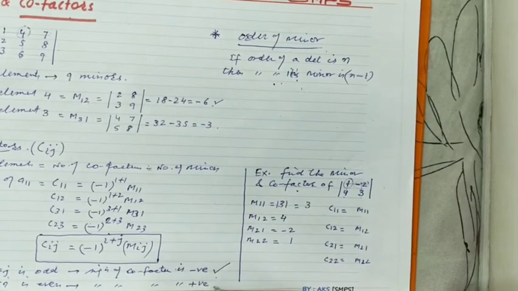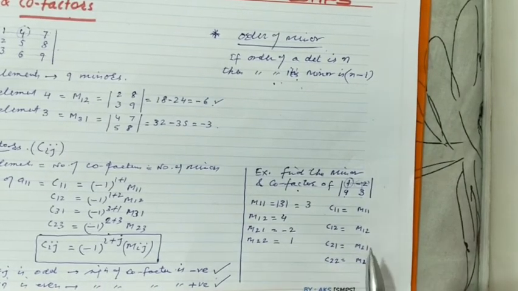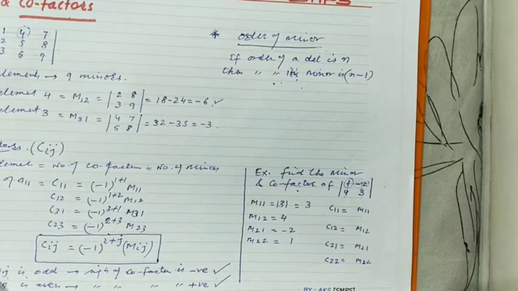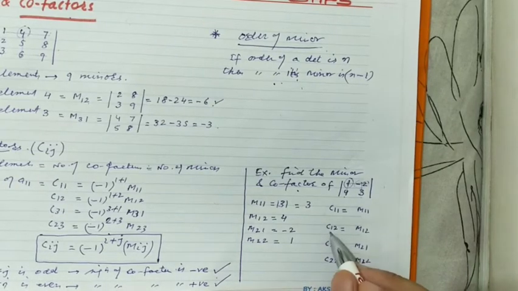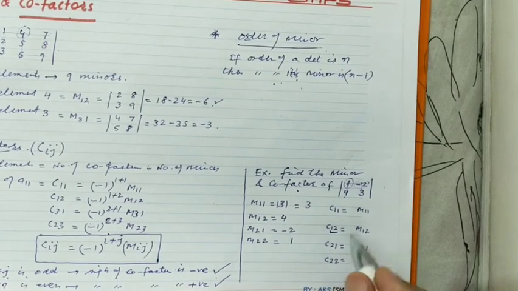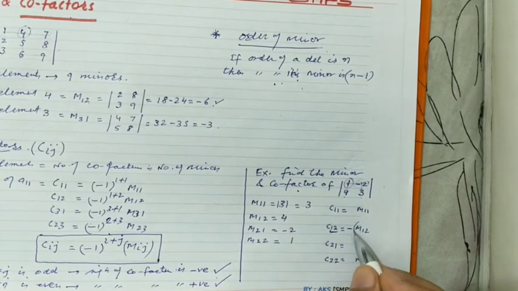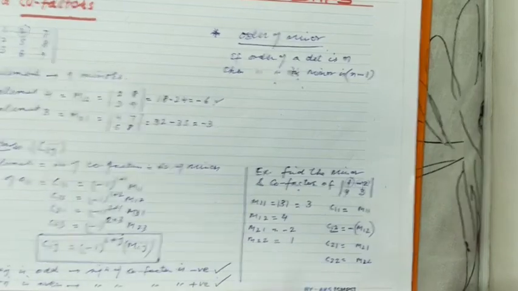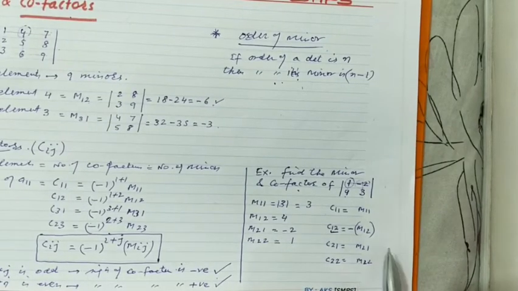As I told you, if i plus j is odd, as 1 plus 2 is 3, which is odd, we write a minus sign before M12.